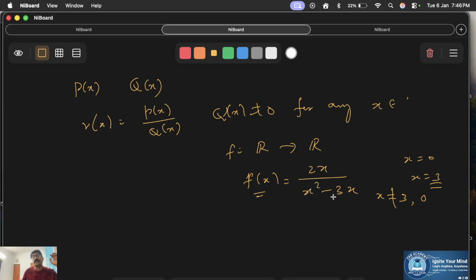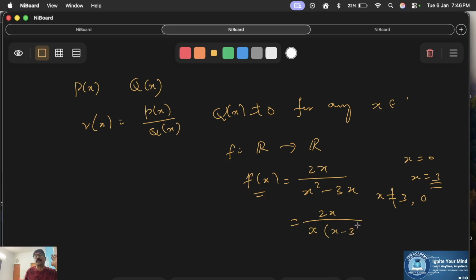When x tends to 0, it has a value, 2 divided by minus 3 you will get. You can see it later. So, this function fx is equal to 2x divided by x square minus 3x. Is it a function or not? It is not a function for x equal to 3, because the denominator you can factorize as x into x minus 3.